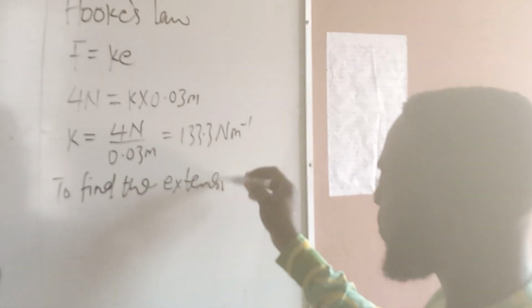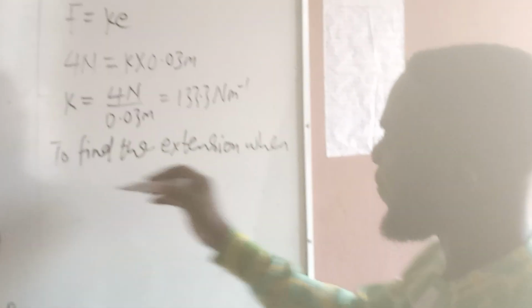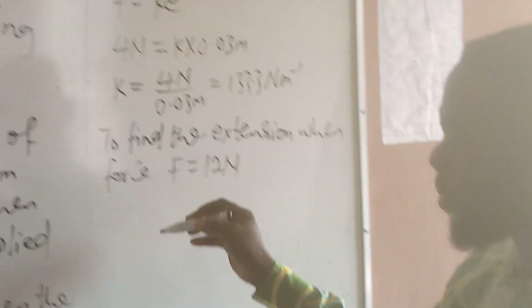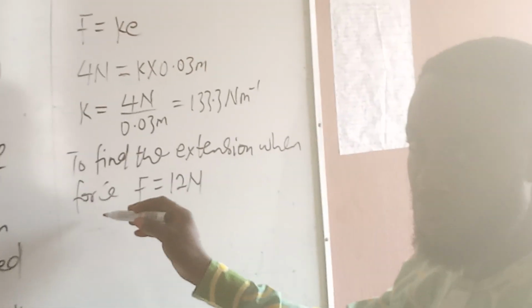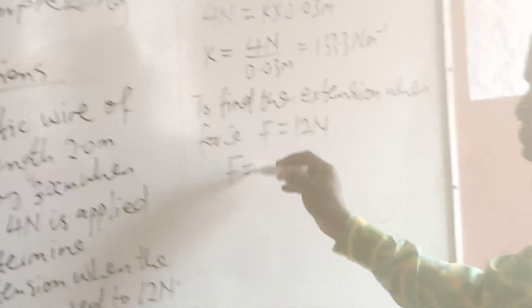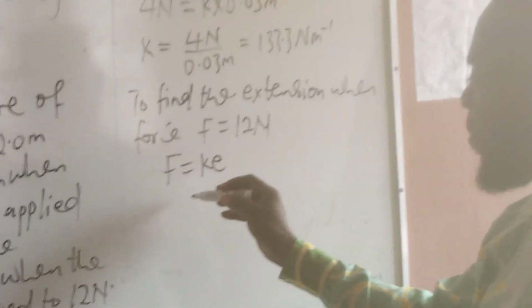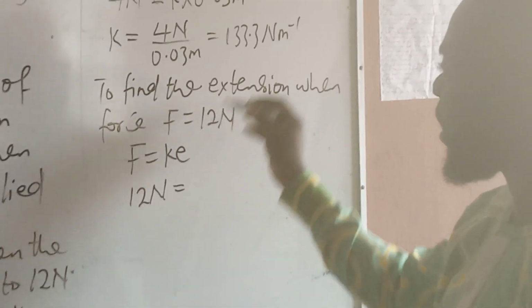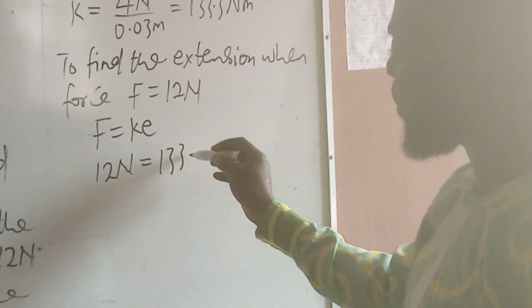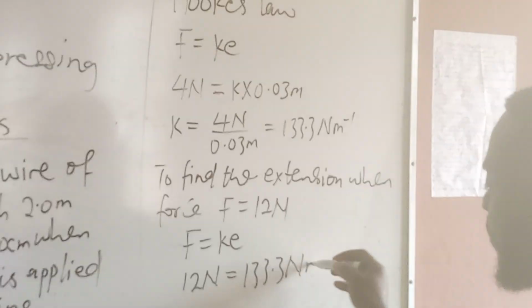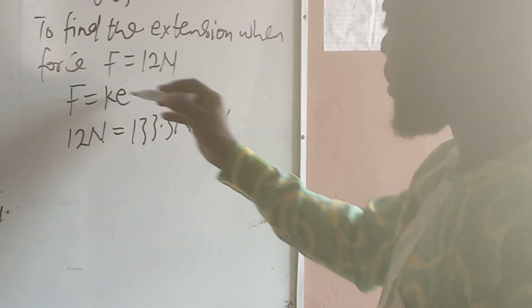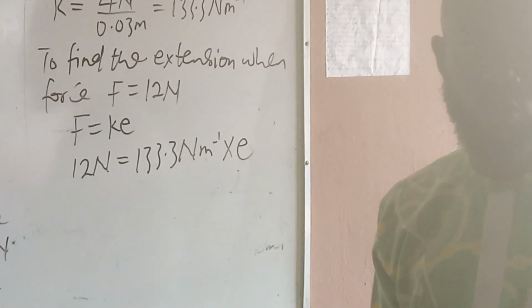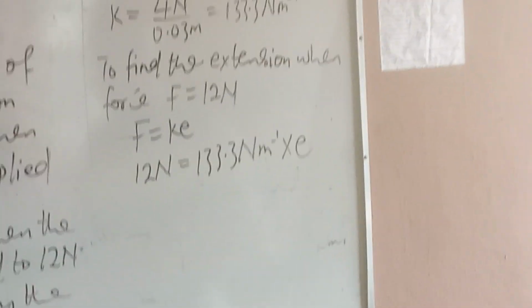Now, to find the extension when force increases to F equal to 12 Newton, using the same law, Hooke's law, F equal to ke. F is 12 Newton. K has been found, 133.3 Newton per meter, multiplied by e, which is the required variable.